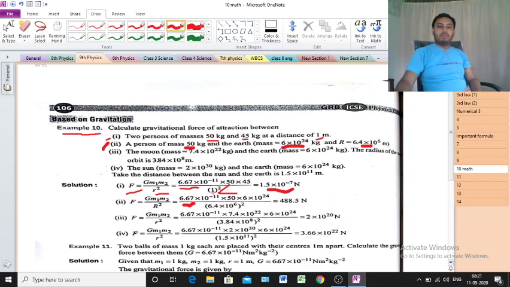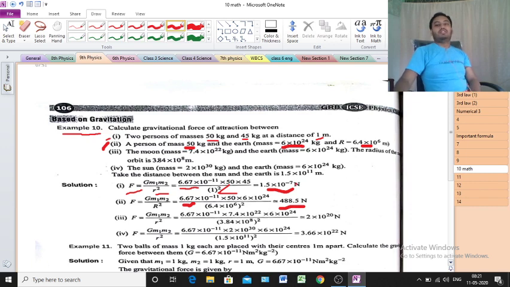Clear? So if you simplify the value, you will get 488.5 Newton. Clear?